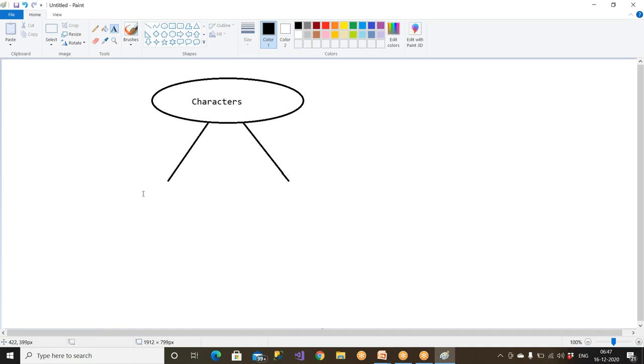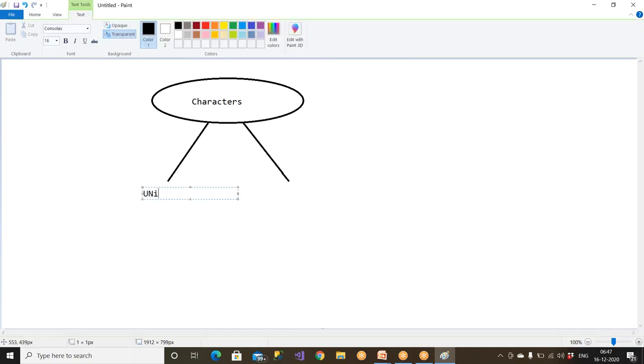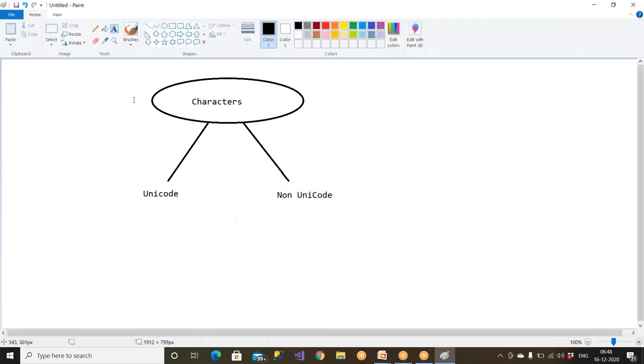One is called Unicode data, Unicode characters. The second one is called non-Unicode characters. So these are the two types of characters available in this world. One is Unicode data. The second one is non-Unicode data.